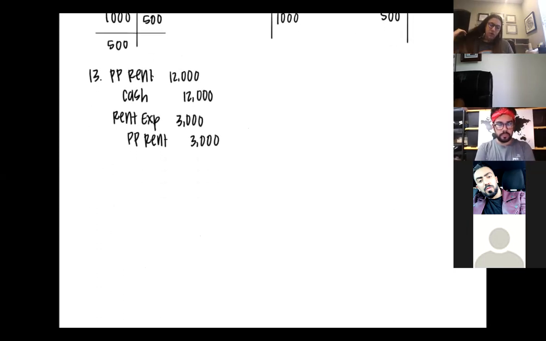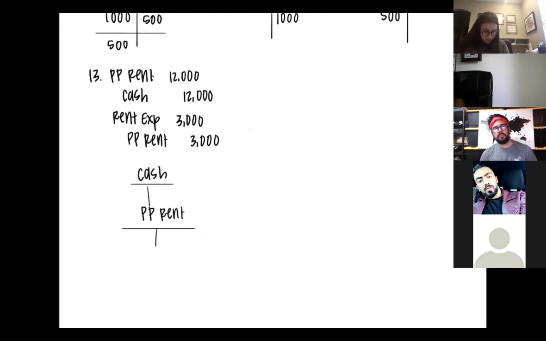So cash and prepaid rent are both assets, right? And my rent expense goes over here. My cash should have been credited for 12,000.